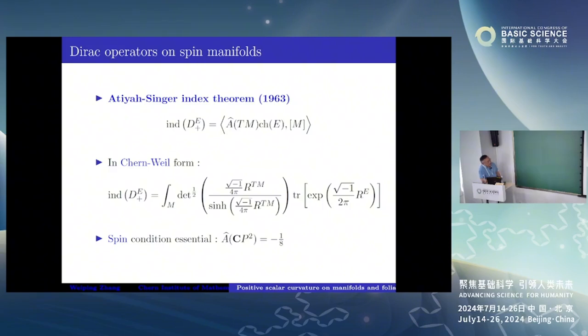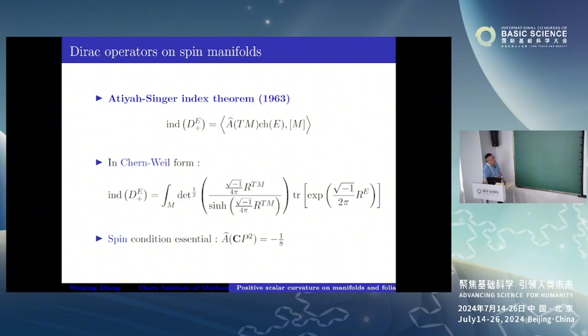This is the A-hat form, defining the Hirzebruch A-hat class, and this is the Chern character form, defining the Chern character of the twisted bundle E. Here we remark that the spin condition is essential. For example, for CP2, the A-hat genus is minus 1/8, which is not an integer, while by the index theorem it should be an integer. So the spin condition turns out to be essential.